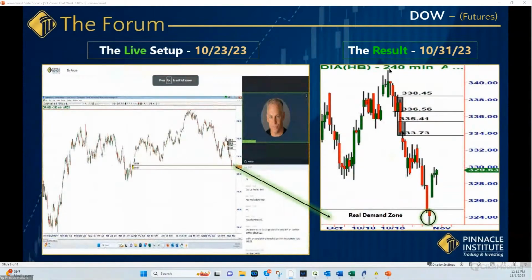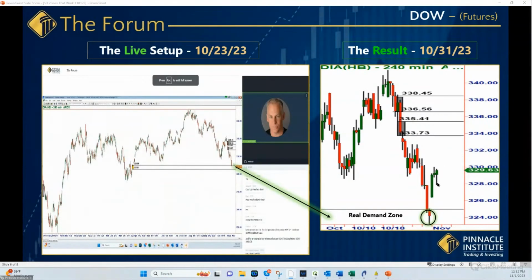right? Then just last Friday into this week, right? The Dow came down into a very high probability demand zone. That's why it's yellow. Notice the difference in color, gray versus yellow. We color code our supply demand zones based on probability.